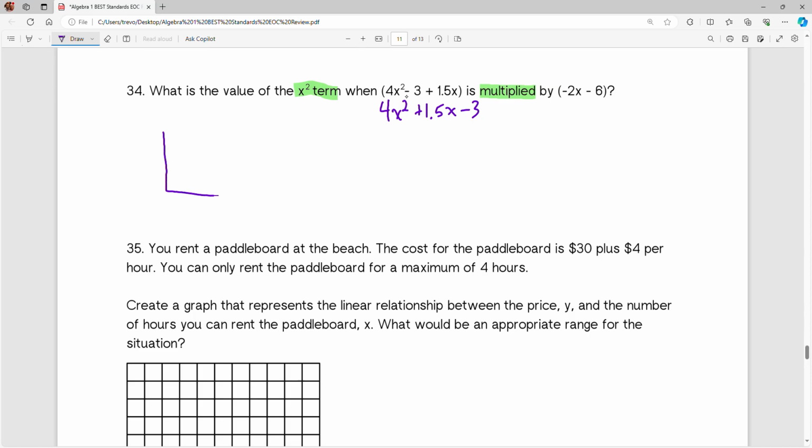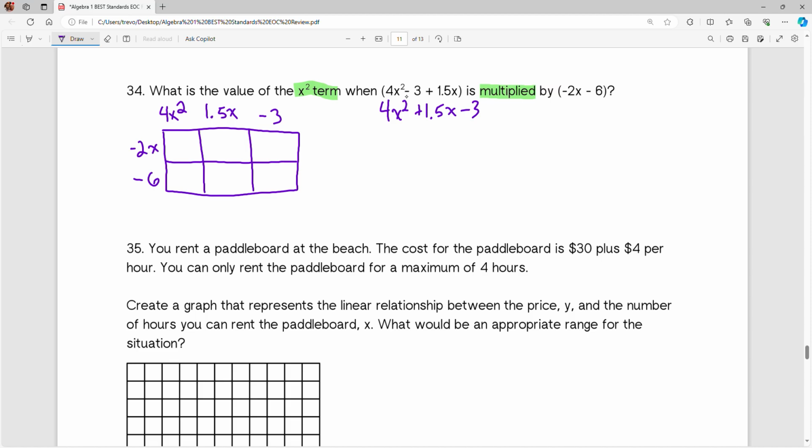I like to always have my variables before my plain number there. So negative 2x minus 6, times 4x squared, 1.5x, minus 3.